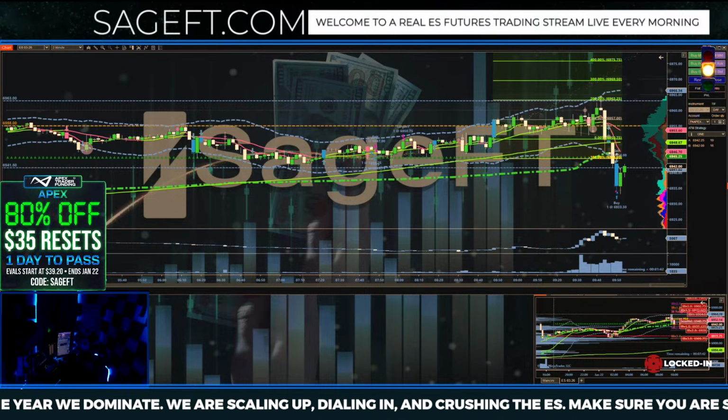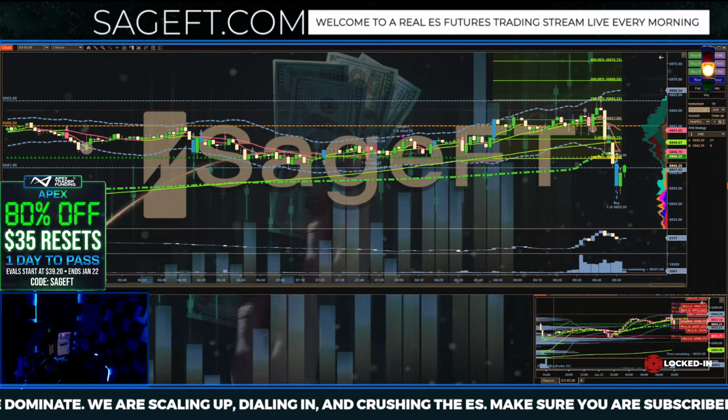Wow, the bars are getting so big I can't see the damn numbers. I'm gonna get a screen just for the damn footprint. Whiplash.